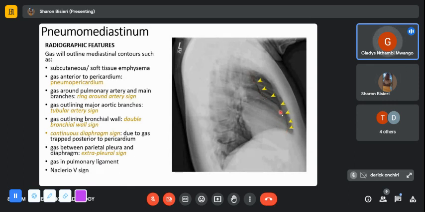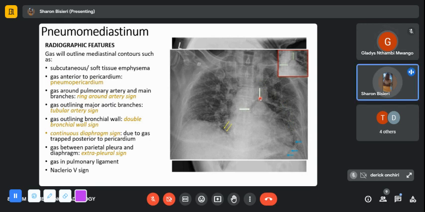But in a radiograph, it may be very hard sometimes to see that thin line of the pericardium, and therefore it just looks like gas anterior to the cardiac shadow. I think it's descriptive; somebody just wrote it that way. But if you think about it, it's air within the pericardium. In some images you can actually see the parietal wall of the pericardium and air, and the visceral layer. It will not be clearly seen in this particular image. Yeah. All right. Thank you.